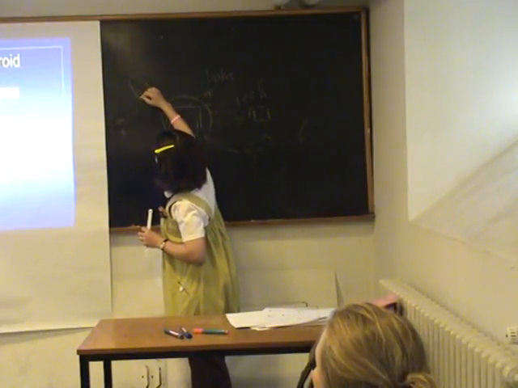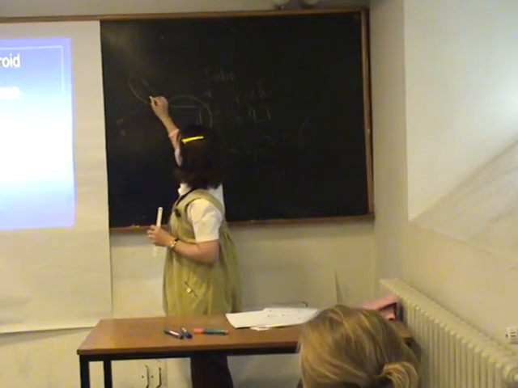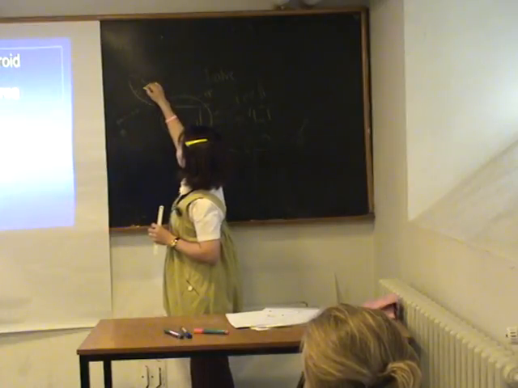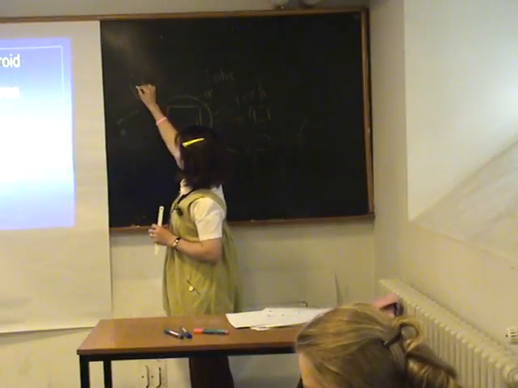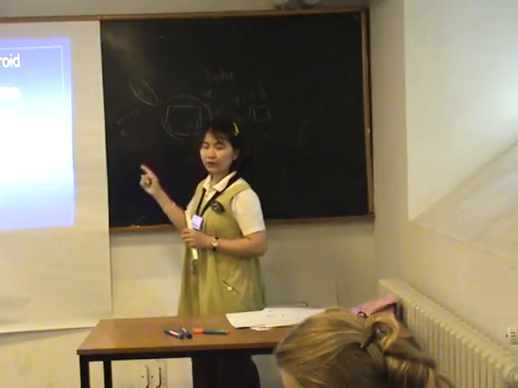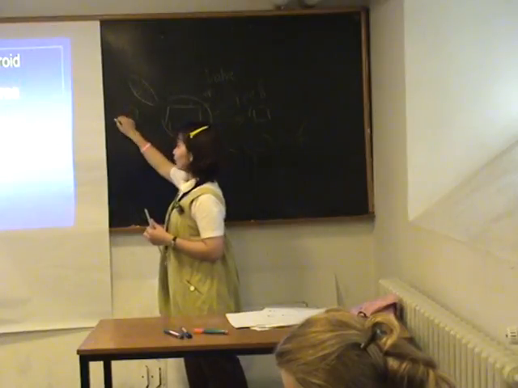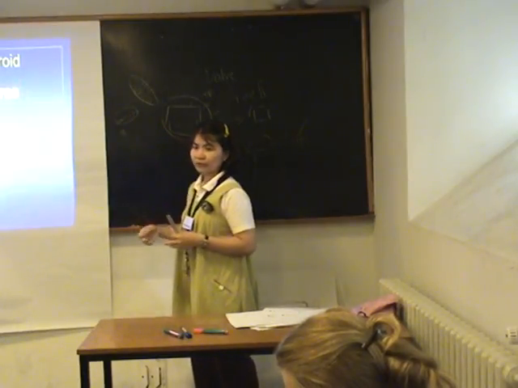Can you imagine? Yeah, it looks like this. And we count the number of these in 10 micron. We use it, no, not 10, in 1 micron to identify diatom.